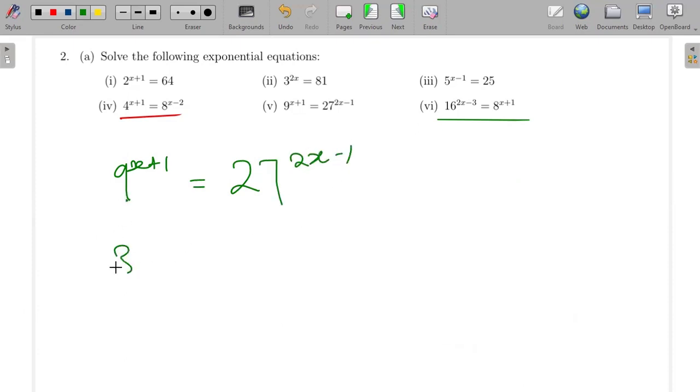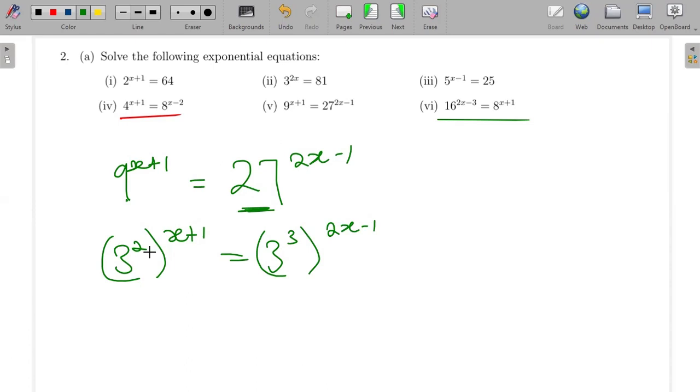This 9 is the same as 3 squared, and then I put x + 1. The 27 is the same as 3 to the power 3, and then 2x − 1. So here I'm going to have 3^(2x+2) = 3^(6x−3).